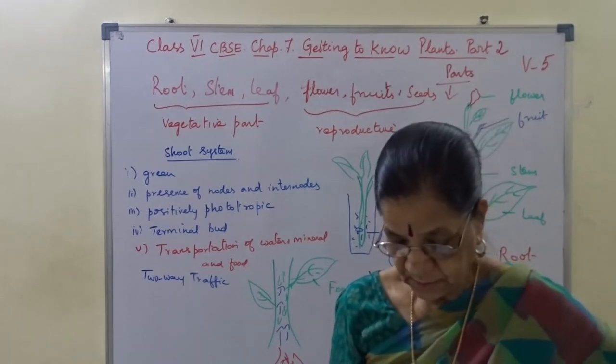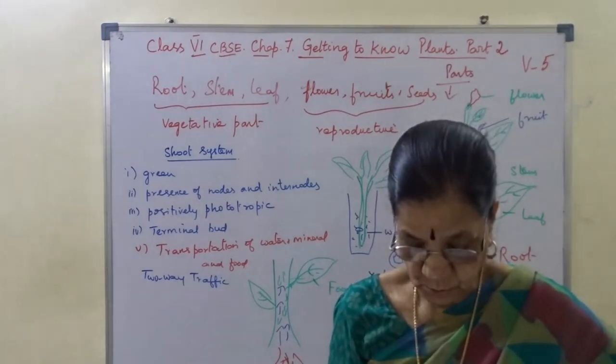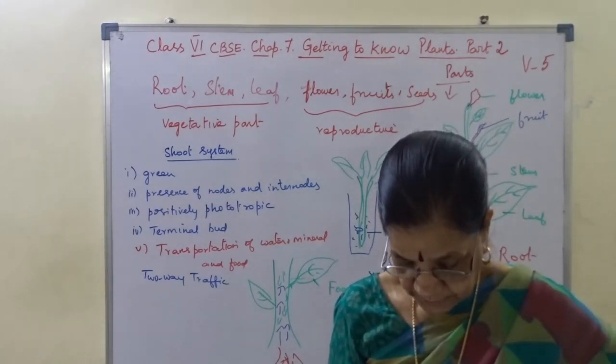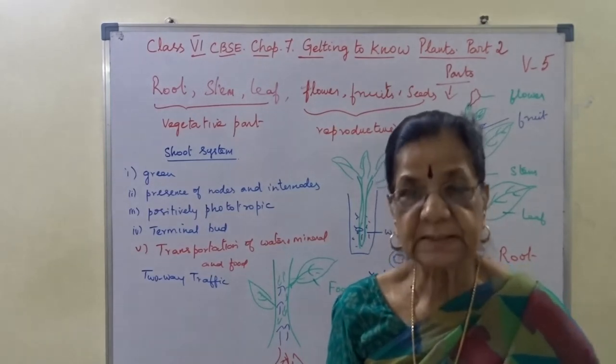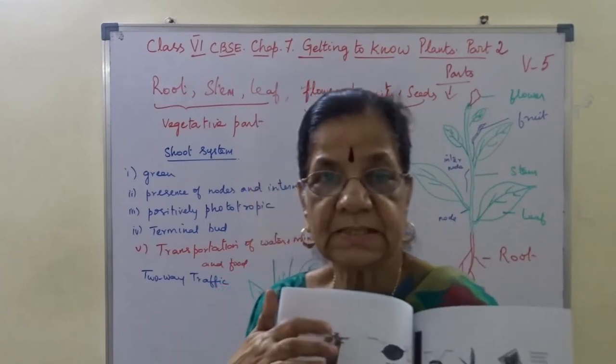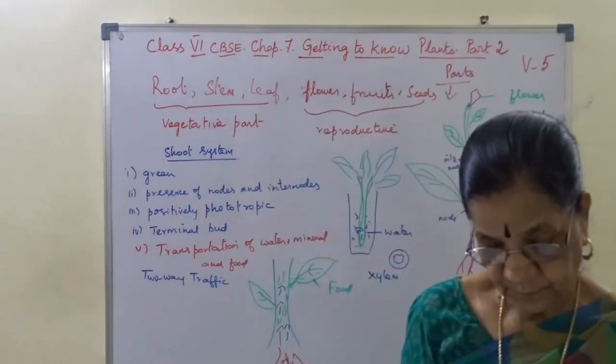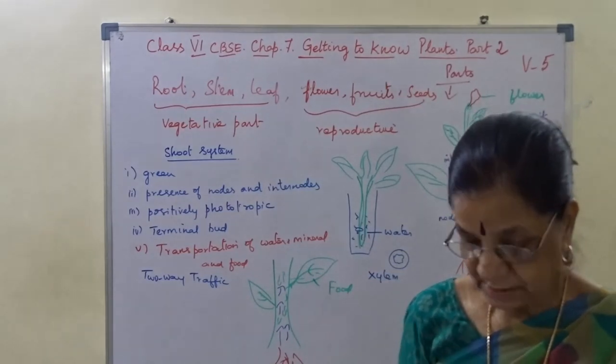What does the stem section say? Observe the stem of different plants around you. Right? What do you find? You have to set up an experiment. The experiment is the glass tumbler experiment. Set up an experiment.